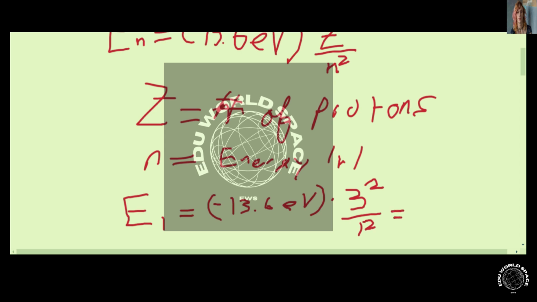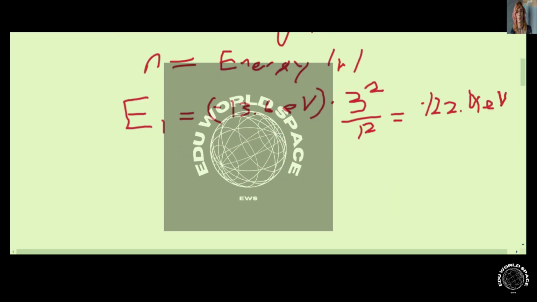That ends up equaling negative 122.4 electron volts, and that is our first energy level.